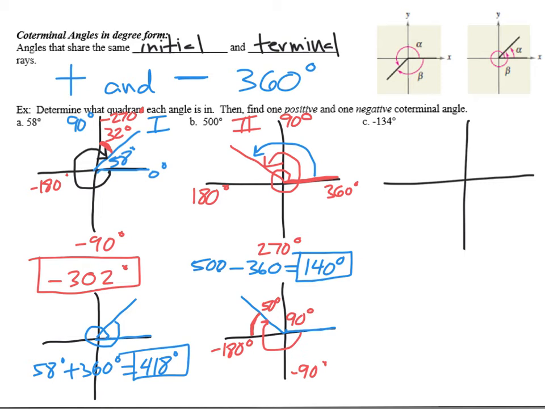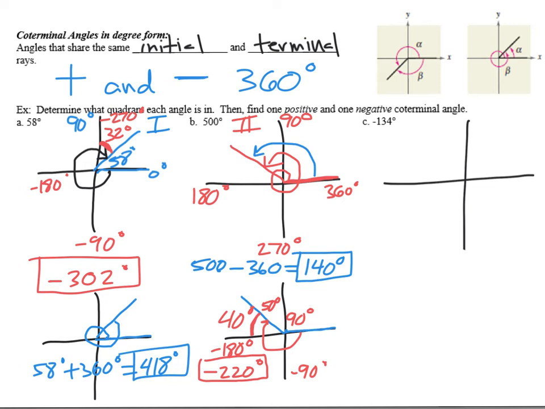Now, if you think about quadrant 2 forming a 90-degree angle, which all 4 quadrants do, they go in chunks of 90. If 50 has already been taken on the other side, this has got to be 40. Which would put this as negative 220.